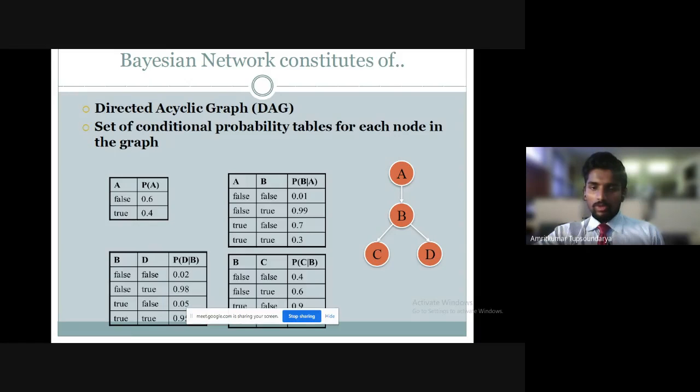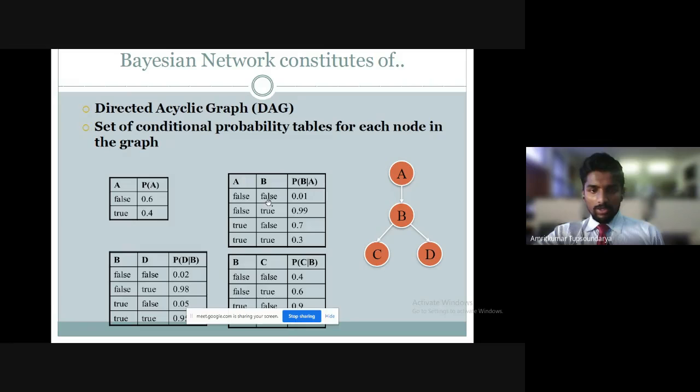If I have to convert it to percentage, there is a 60% chance that it is going to be false and a 40% chance that it is going to be true. And let's say we have to compute the conditional probability, that is for probability A and probability B, the probability of A and B. So we compute the probability of B given A.